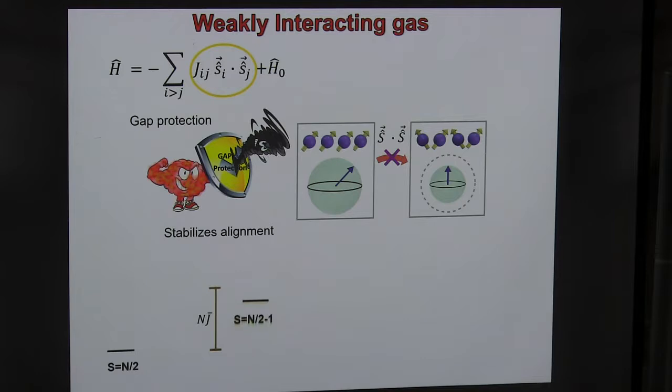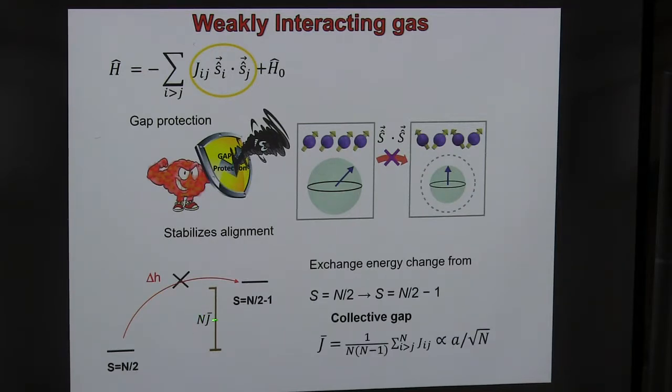The idea is that these exchange interactions are going to open a gap that is going to protect the system and wants to keep the state ferromagnetic. This gap is going to compete against the dephasing introduced by the single particle term, and the strength of the gap is going to be determined by the average of the coupling constants in the anharmonic oscillator.